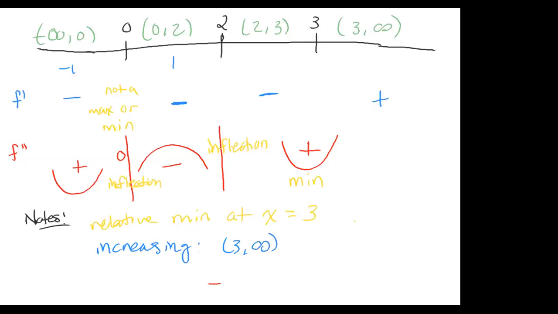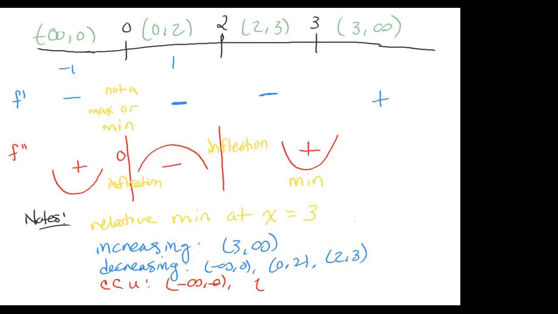It is decreasing on all of the other intervals: negative infinity to 0, 0 to 2, and 2 to 3. The graph is concave up from negative infinity to 0, and from, where is it, 2 to infinity. It does not change concavity at this critical point.